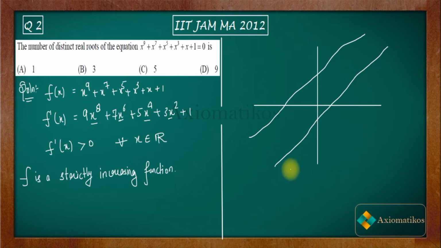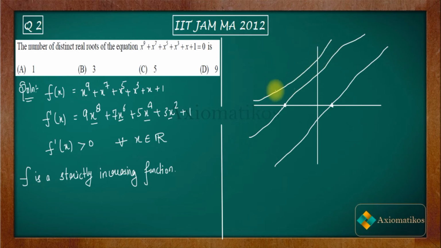So what similarity do you see between these two curves is that they can cut the x-axis only once. So this is the point where they are cutting the x-axis. So they can cut the x-axis only once, or what can happen is that they never cut the x-axis.